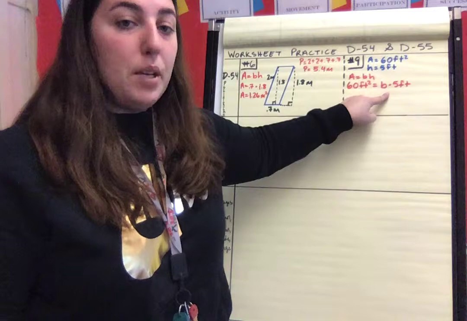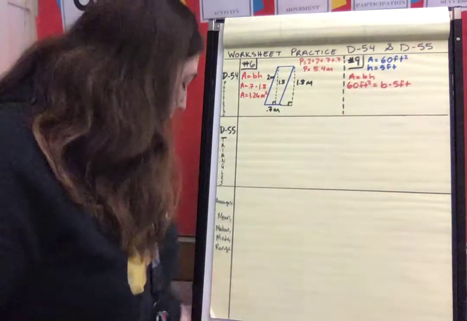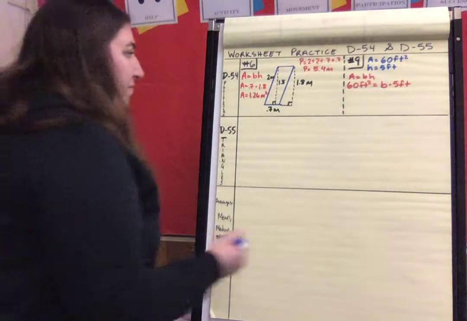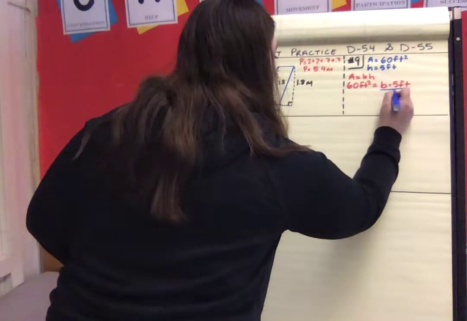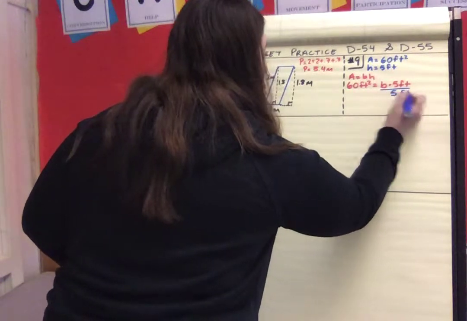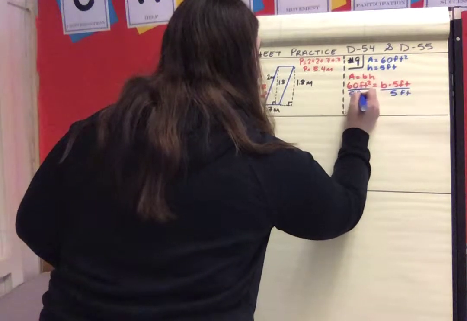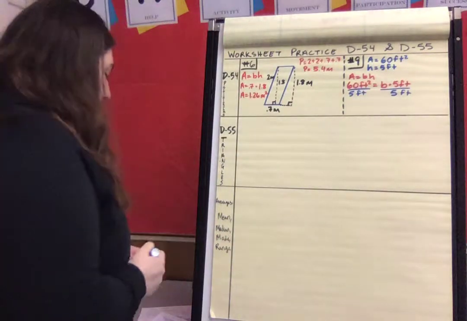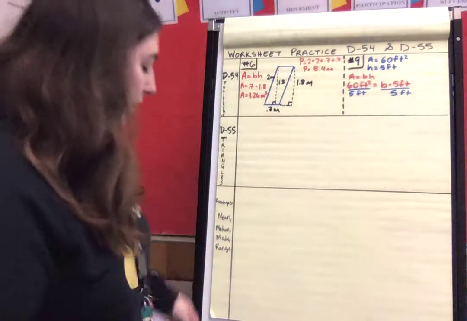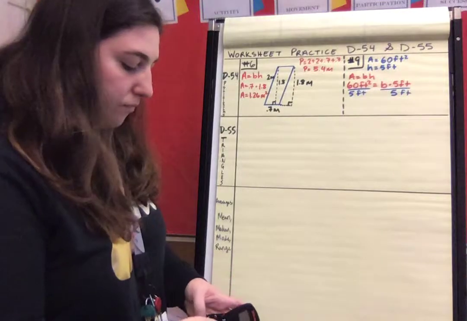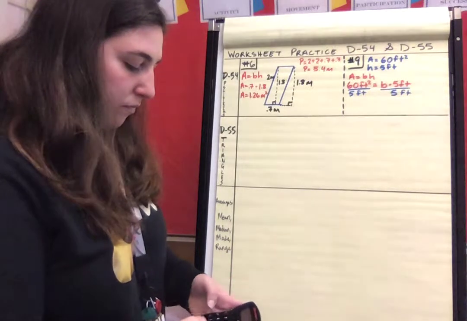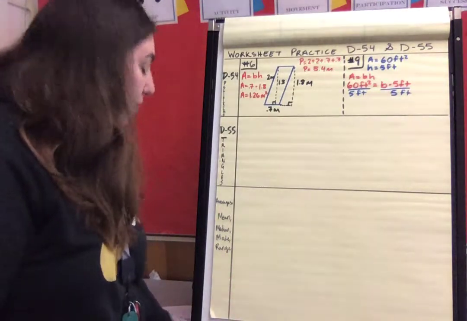Okay, to undo what's happening, divide by 5. So I divide by 5 feet on both sides. Okay, so now I just need to do 60 divided by 5. And I get 12.